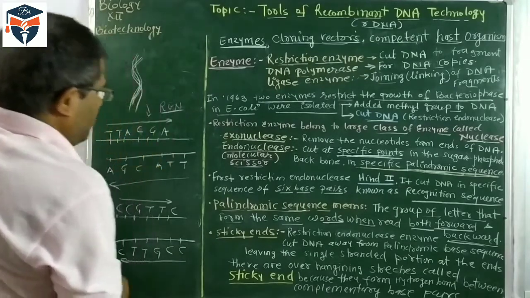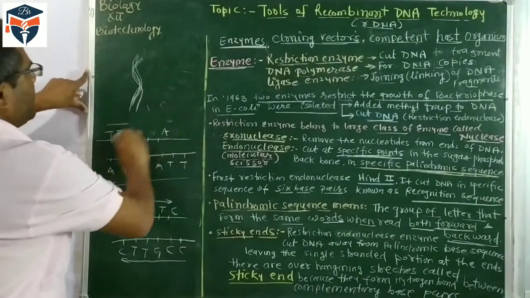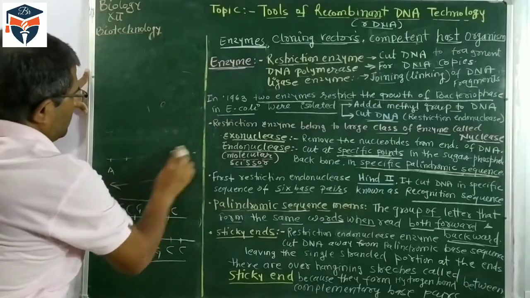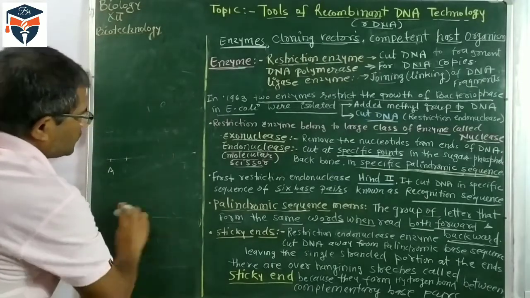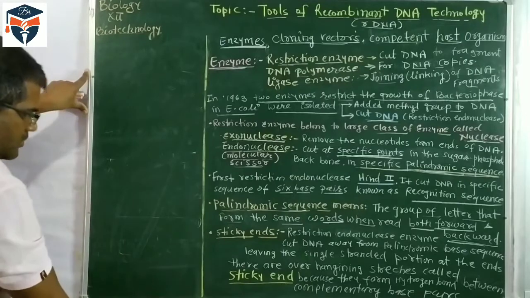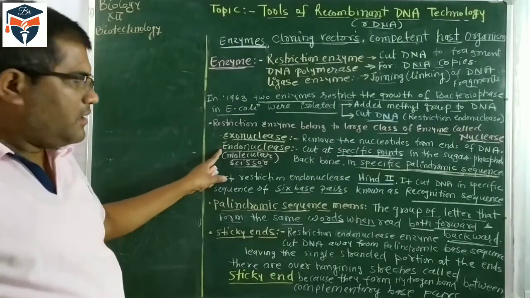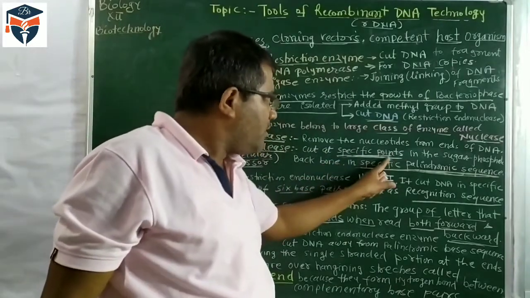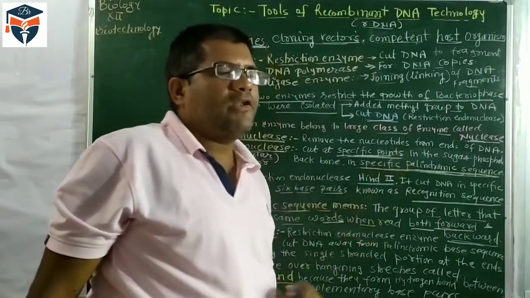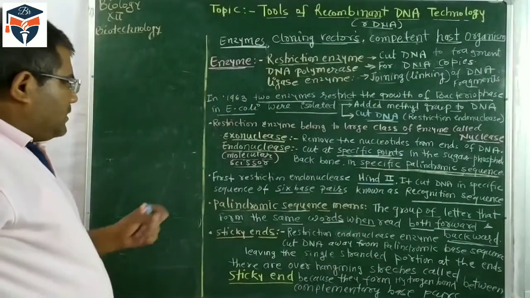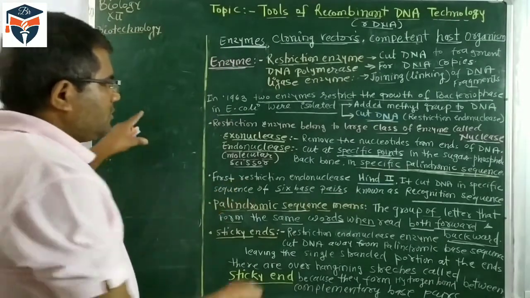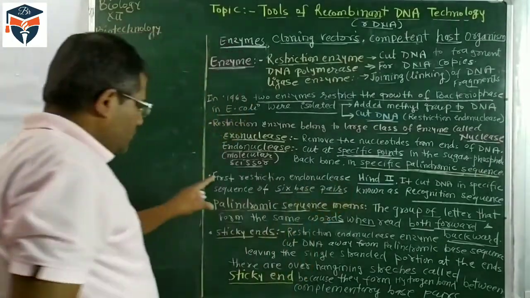So this type of sequence is called the palindromic sequence. A very important role of restriction endonuclease enzyme is that it cuts the DNA at a specific point and in a specific palindromic sequence.